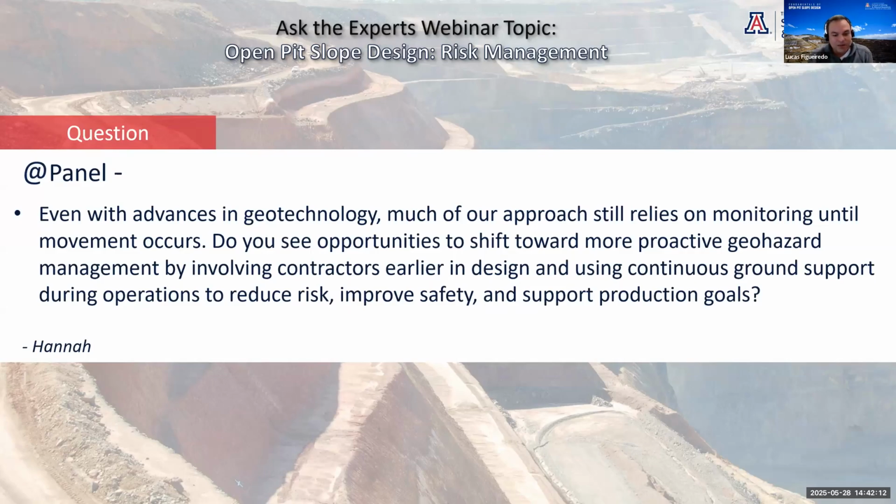And currently, we have advanced tools on implicit modeling and data acquisition through drones and other tools that allow you to review your model almost online, in order for you to adequate your design in a timely way. So talking about geotechnology, this is a very proactive way for you to deal with these uncertainties and adequate your design before the displacements start to occur.